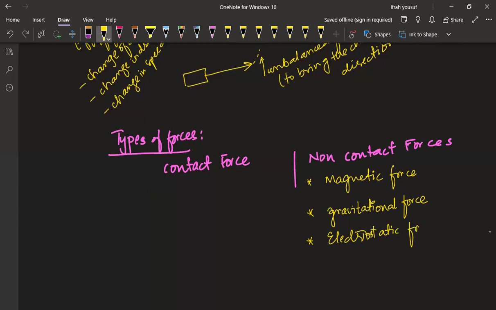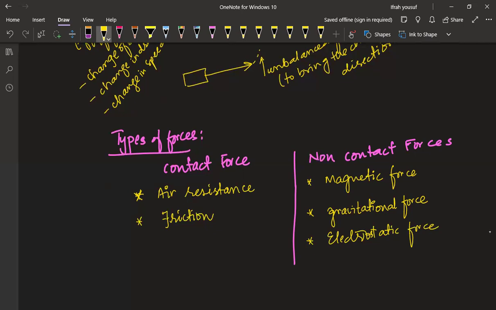Do you have any idea about contact forces? Sorry, I'm talking about contact force. It could be air resistance, water resistance, friction. If you find other types of contact force, you can include them in this way.